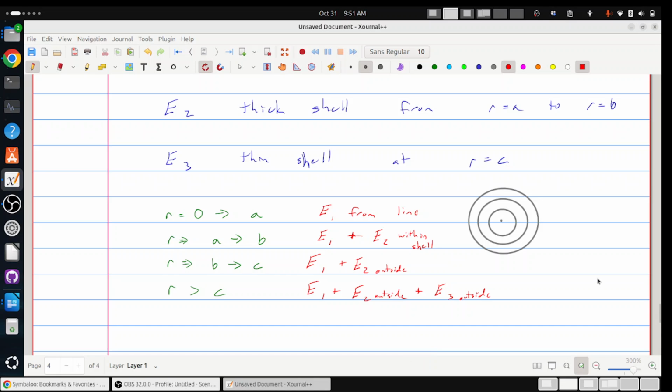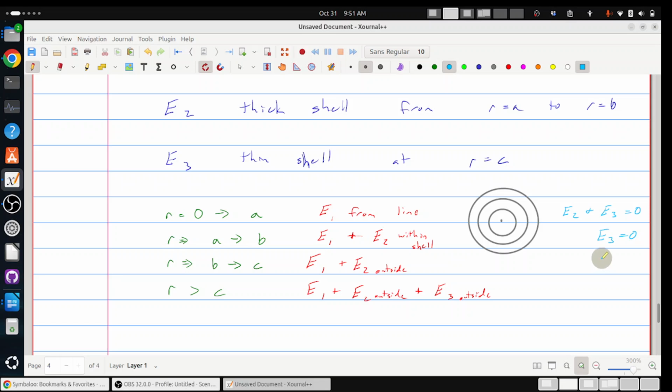Now, technically, I always have E1 plus E2 plus E3. It's just that in the first region, E2 and E3 were equal to 0 because I was inside the cylindrical shell. In that A to B range, E3 is equal to 0, and I had an equation for E2 within the shell.